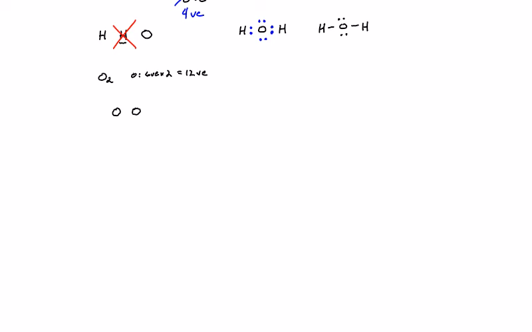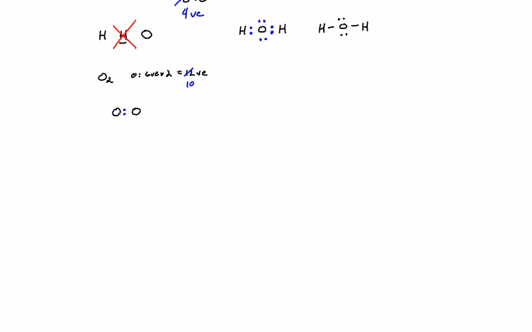Like I said before, one of the first things I like to do is to distribute the electrons, first of all, into places where I'm already implying that there's a bond. So that's my first 2 electrons. We're down to 10. We know that oxygen wants to be involved in 2 bonds, but as I've drawn it so far, there's only 1 bond. I also know that oxygen wants to have 8 electrons.